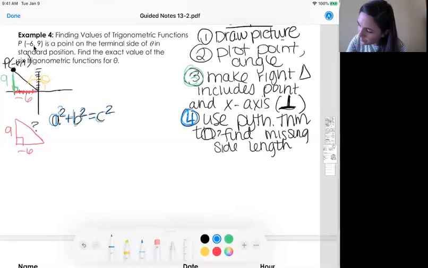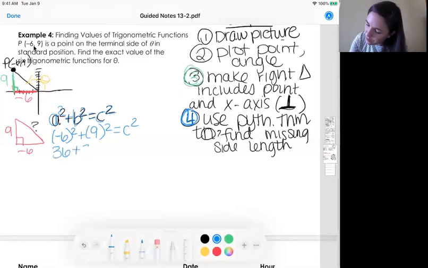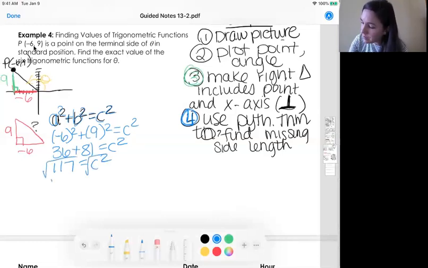Okay, so it doesn't matter if 9 or -6 is your A and your B. So I'll take -6 squared plus 9 squared equals C squared. So I have 36 plus 81 is C squared. 117 is C squared. So we take the square root of both sides.